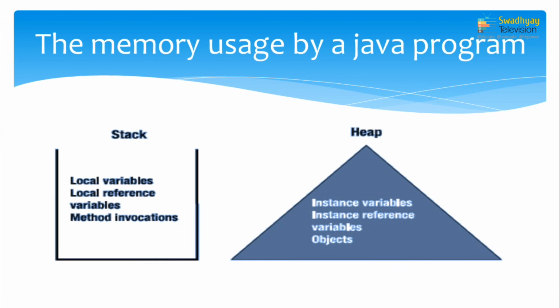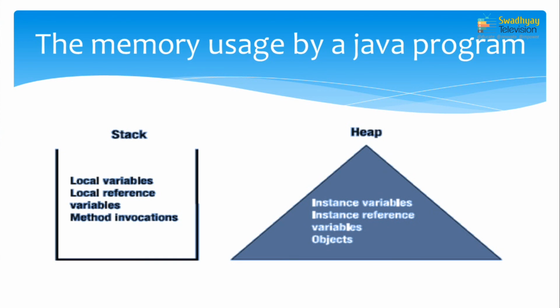No matter where they are created, all the objects are stored on the heap. So, when a Java program runs in memory, it requires two parts in memory, one is the stack and another is called the heap. In the stack it stores local variables and in the heap it stores all the objects.